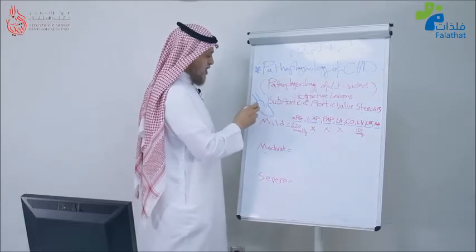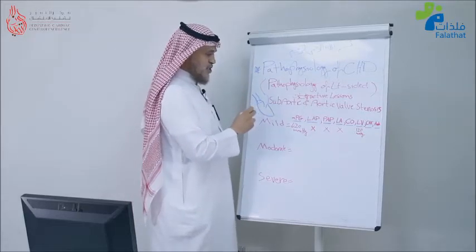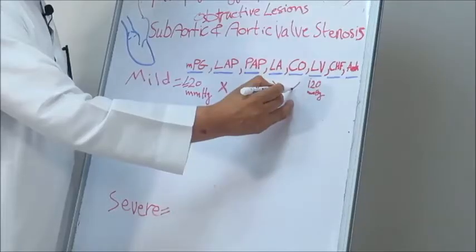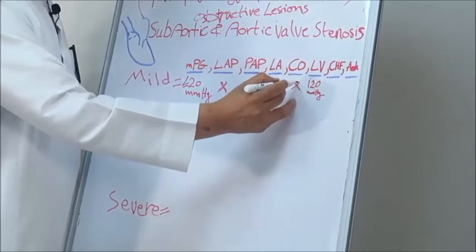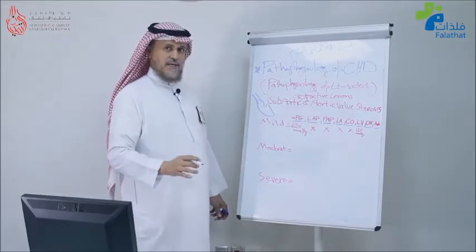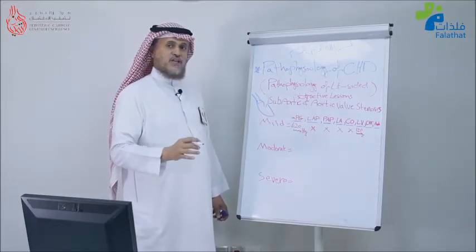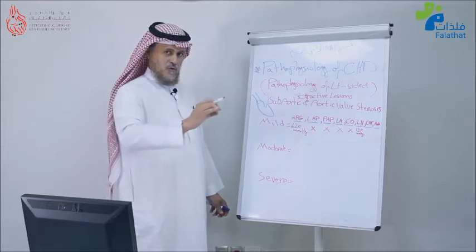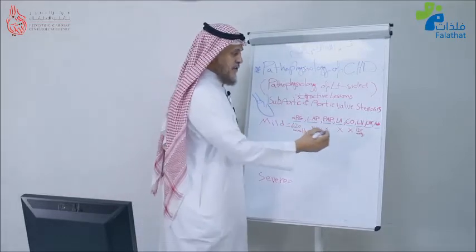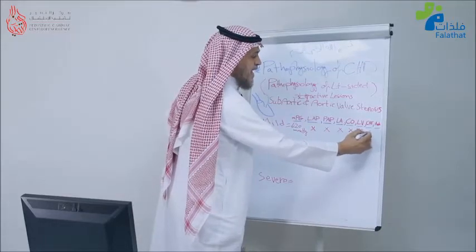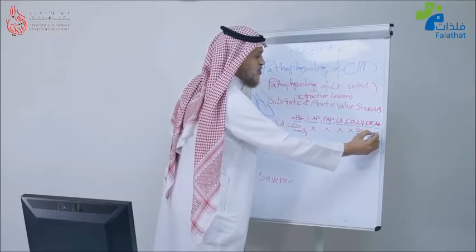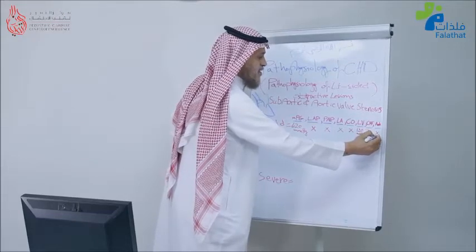If it's only a mild obstruction, we do not expect any changes in the cardiac output. The left ventricle is still able to eject the same cardiac output with no change and no difference, even with exercise. And hence, we also do not see any congestive heart failure, and we do not see any arrhythmias.